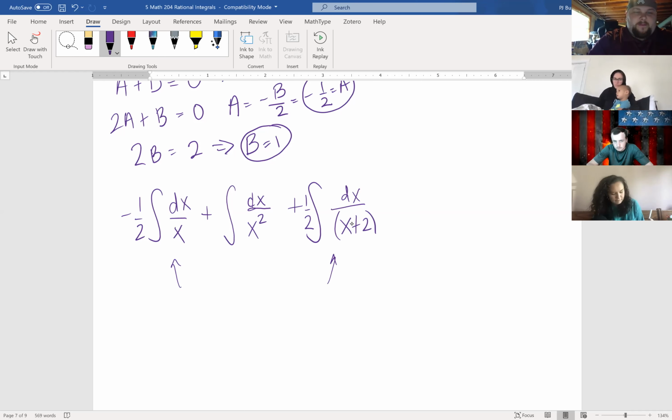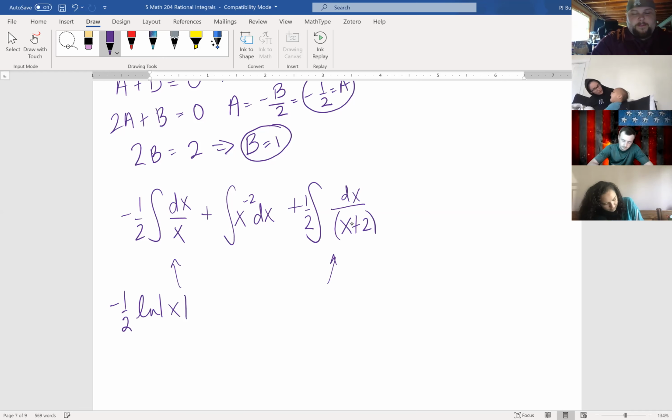I'm going to rewrite that one as x to the negative 2 dx. And then hopefully you can see that it's not a natural log. So you should end up with 1/2 natural log x. Now this one, you add 1 to the power, makes it -1, divide by that number.